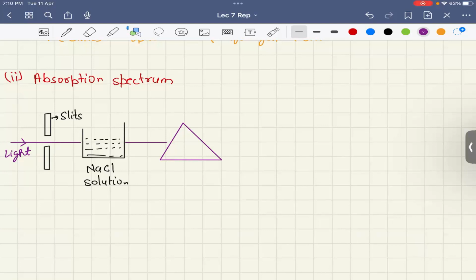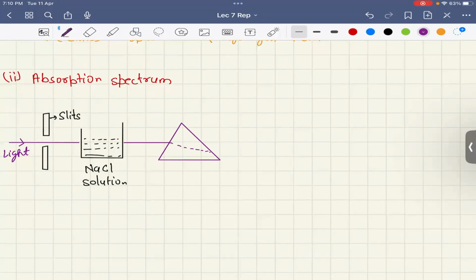Then this light splits, and then it passes through the screen. So this is the screen which we have, and this is the prism.